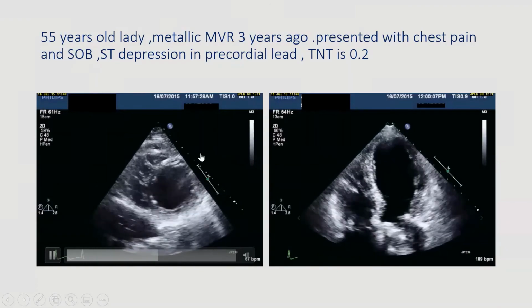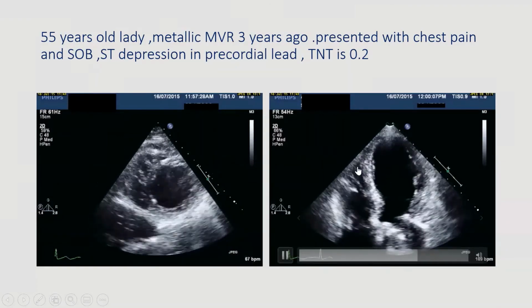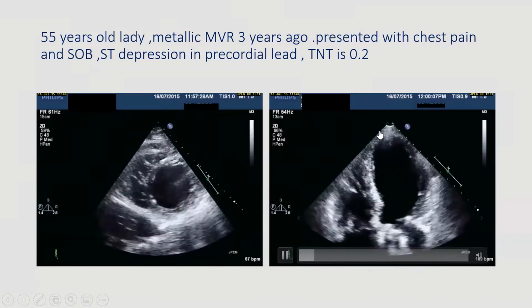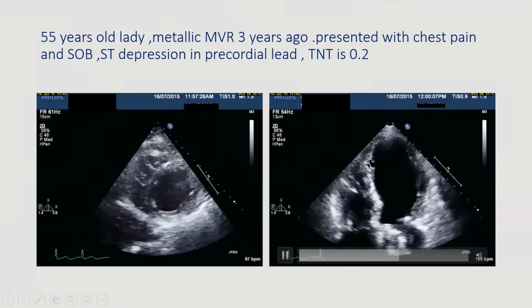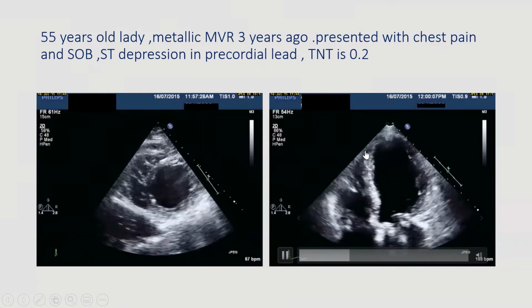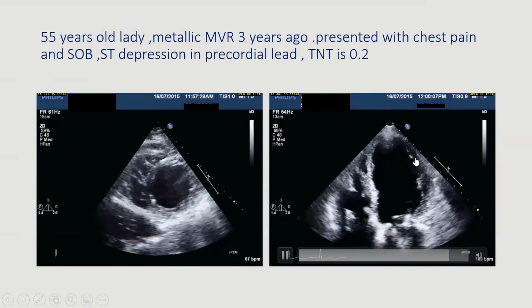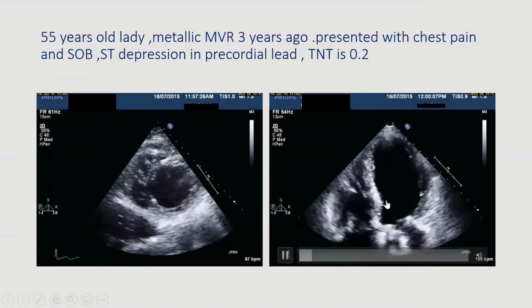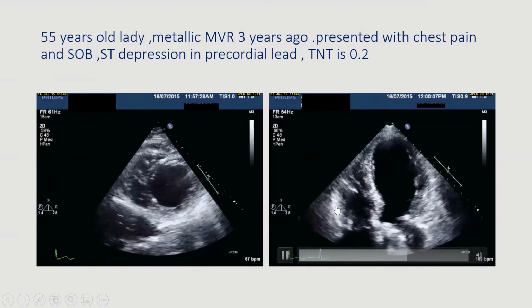If you have, let's say, ischemic cardiomyopathy, that could be ischemic cardiomyopathy with aneurysmal apex. Most likely, if you have ischemic cardiomyopathy, it's going to affect the LV and not the RV. The RV will remain intact. Now, if you have non-ischemic cardiomyopathy, dilated cardiomyopathy, the RV may or may not be involved.